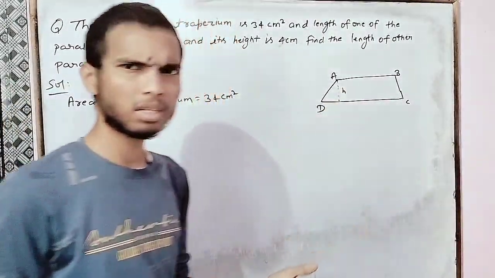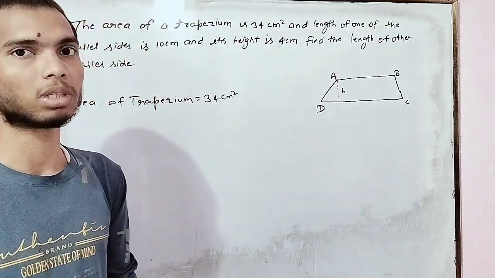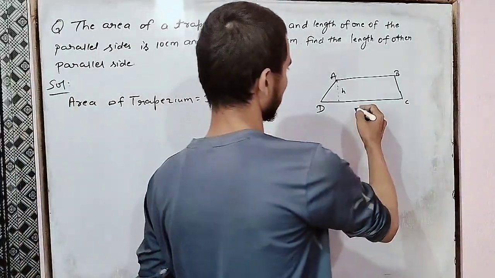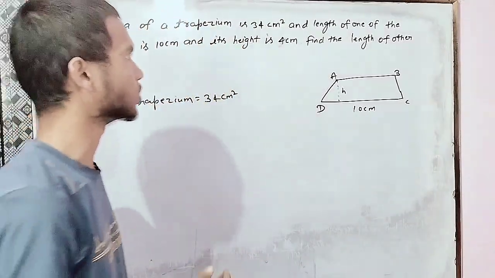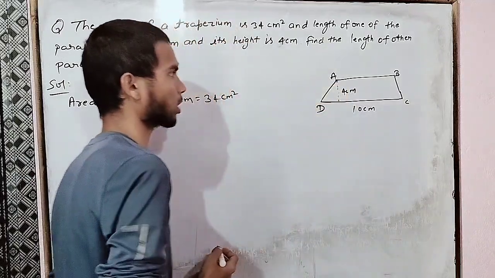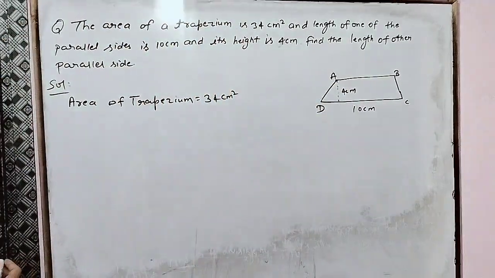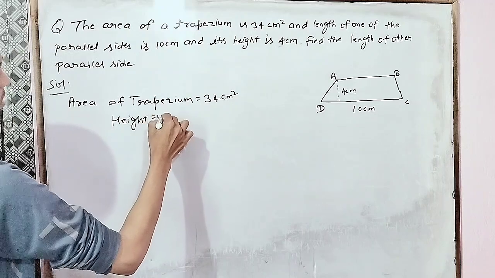So this would be 10 centimeter. Let's say this is 10 centimeter. Now the height is how much? 4 centimeter. So you can say the height is 4 centimeter.